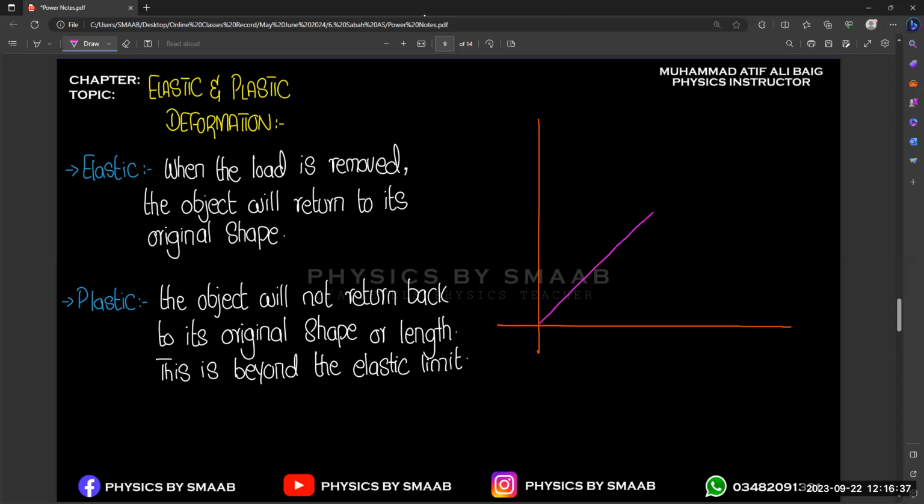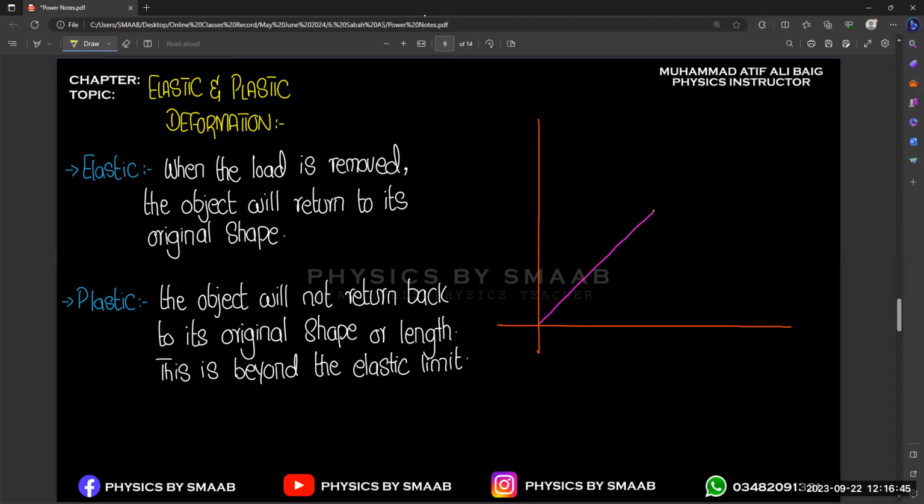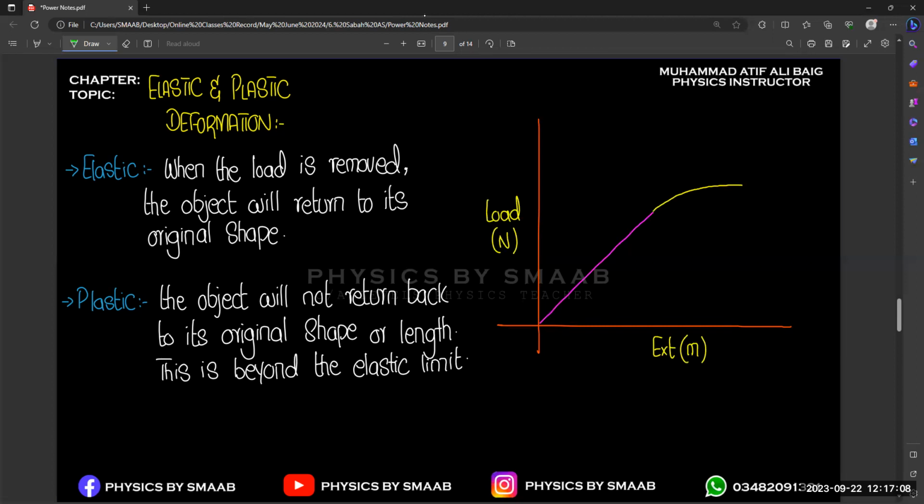And after that, due to the limit of proportionality, if extension is on the x-axis and load is on the y-axis, in this scenario we can say that the initial region shows you the elastic region.